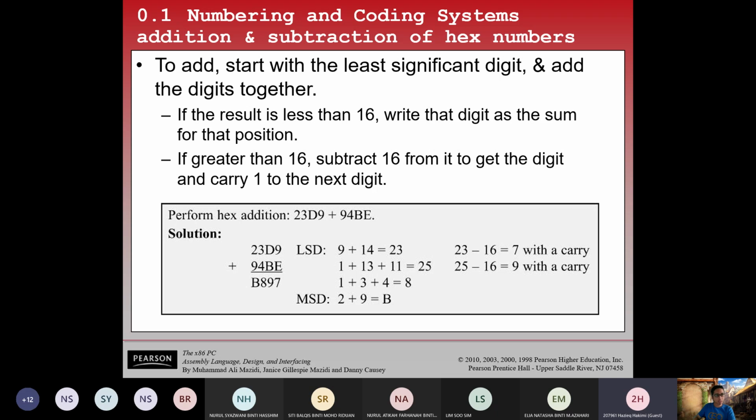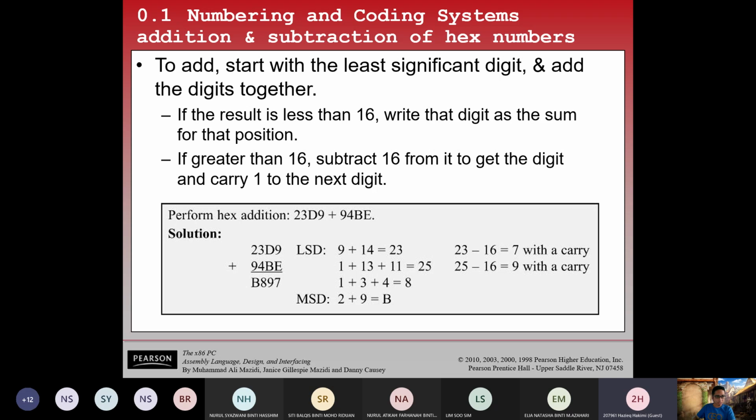So addition is okay. For addition, if it is greater than 16, so 9 plus E. E is 14, and 14 plus 9, you obtain 23.